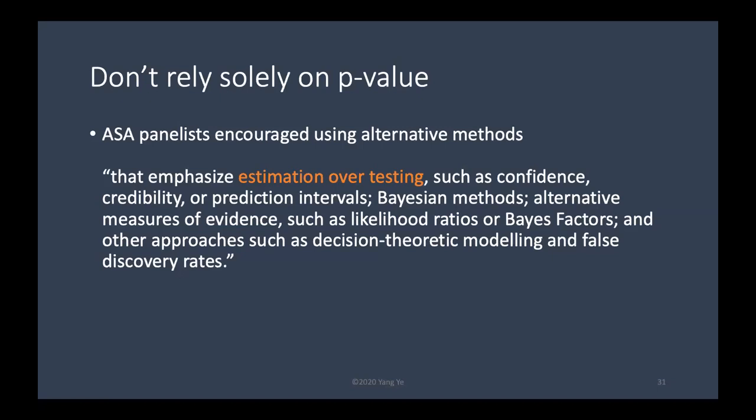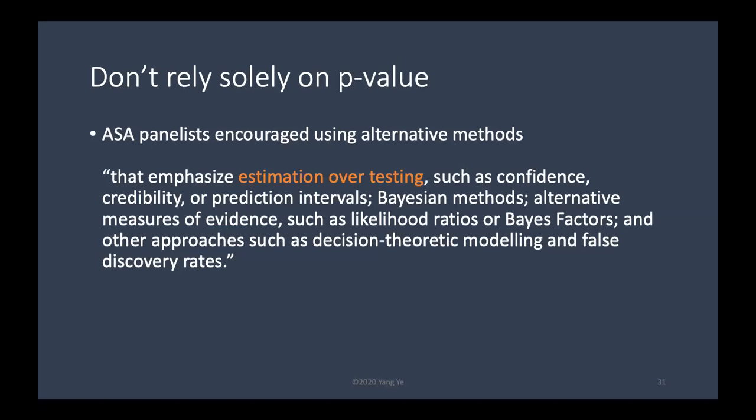So what the American Statistical Association is saying is that we should not just rely on testing, we should also use methods that emphasize estimation, like confidence intervals, credibility intervals, prediction intervals, or Bayesian methods, or Bayes factors.